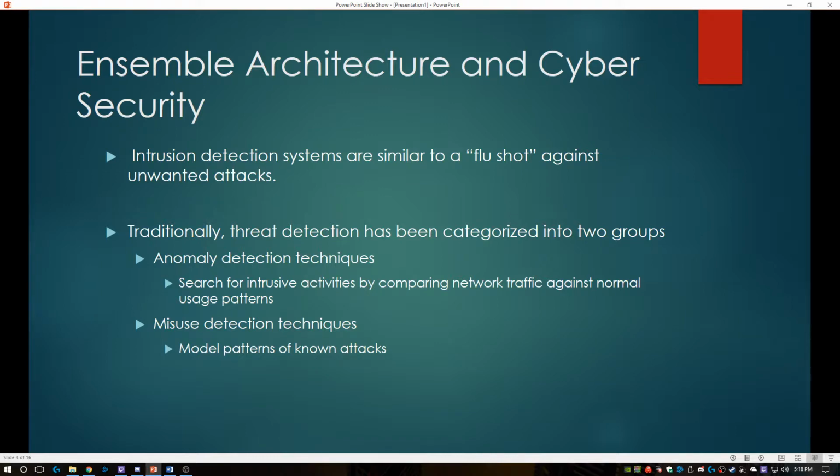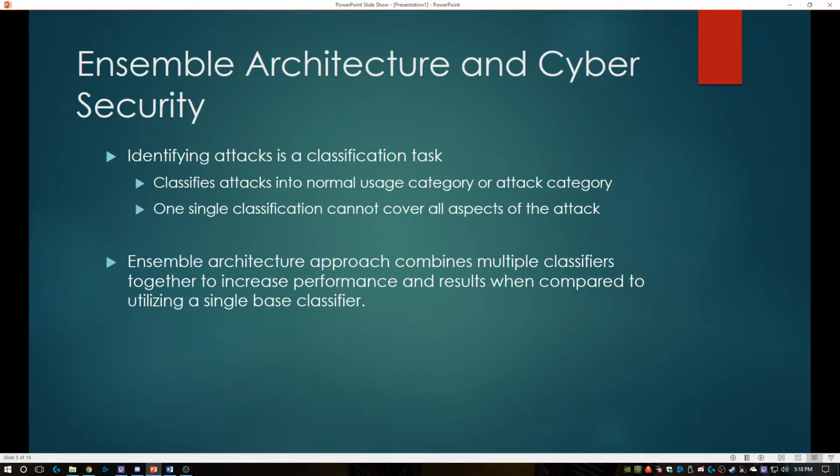Misuse detection techniques take models and patterns from already defined and known cybersecurity attacks and use those patterns to analyze traffic incoming and outgoing from your internet usage. Identifying attacks is a classification problem. Traditional intrusion detection systems classify attacks into a normal usage category or an attack category.